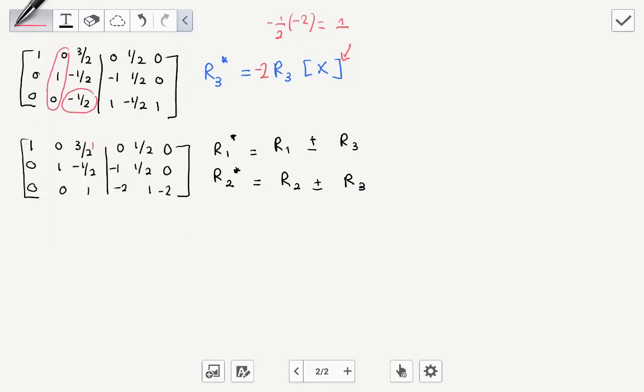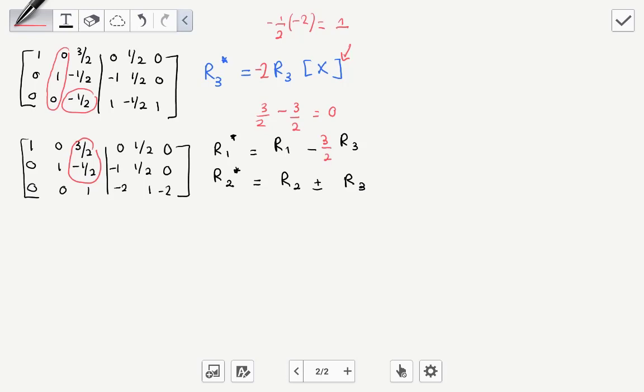Next, we're going to change these two elements to 0 by using addition and subtraction. So we start with R1 and the value is 3 over 2. So what do we do with 3 over 2? What do we add or minus so that we get 0? Obviously, we will minus 3 over 2. So the chosen operation is minus, so plus is no more there and it's going to be 3 over 2.